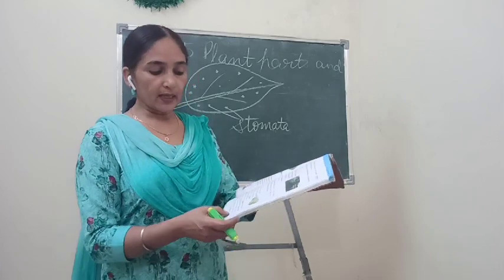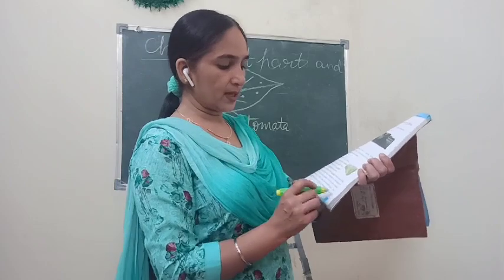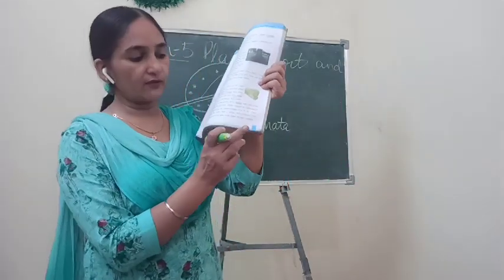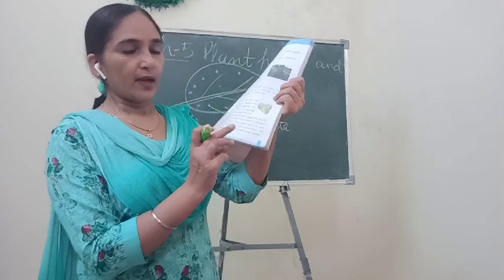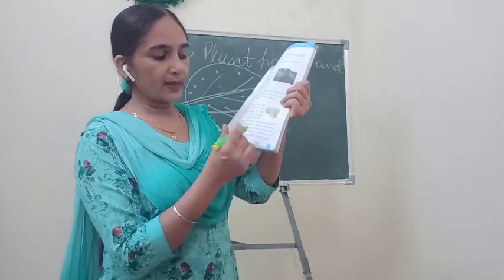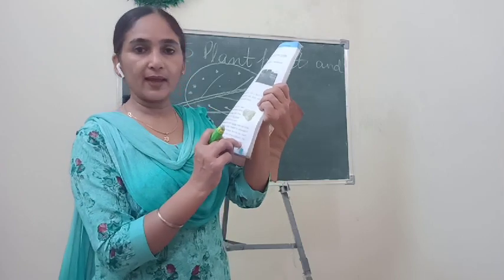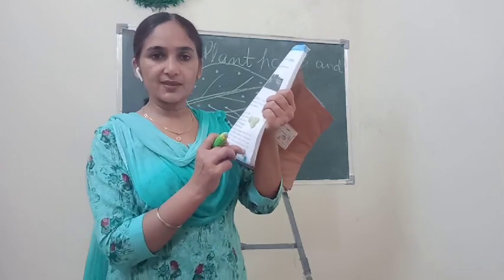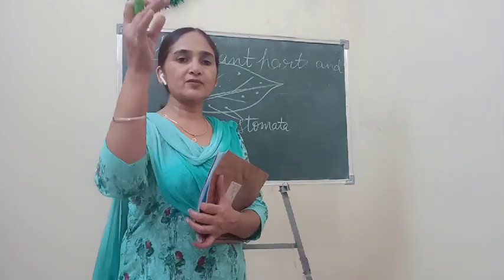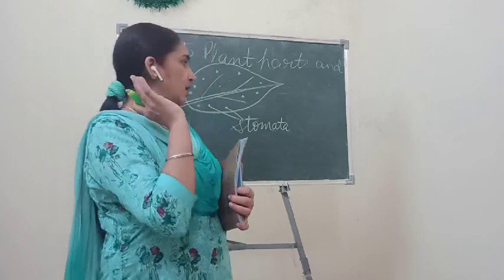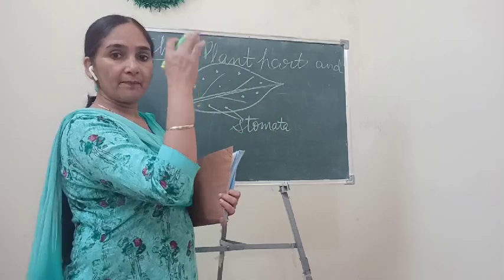No, here in place of stomata, children, you cut this word stomata on page number 31. The last word they have given is stomata. Keep it in mind that this word stomata you strike out, and what do you have to write instead? Stem.